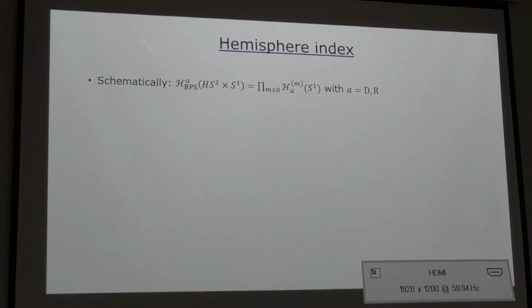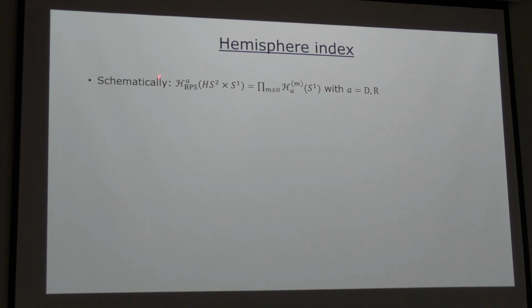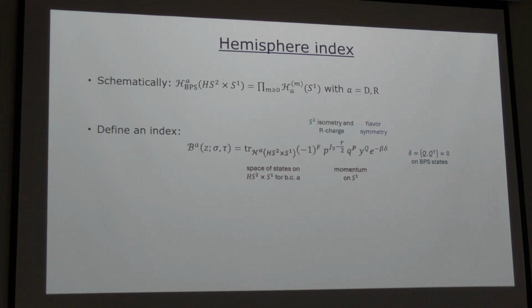Okay, so then I want to define the hemisphere index in the following way. Schematically, this Hilbert space on the hemisphere times a circle reduces to this infinite product over these two-dimensional Hilbert spaces associated to the multiplets that I have. And I'm going to define an index which takes a trace over this Hilbert space and then weighs the states by these various quantities.